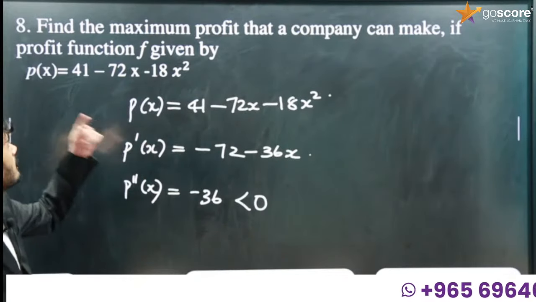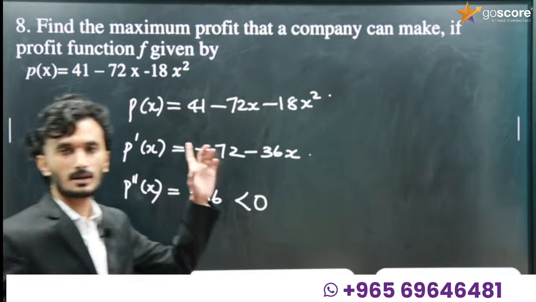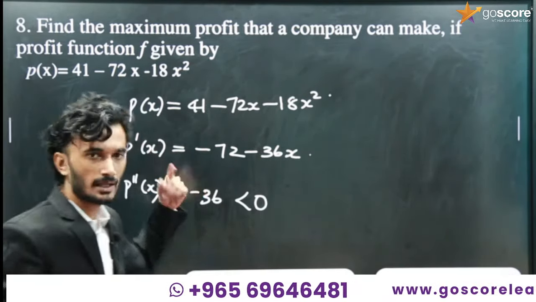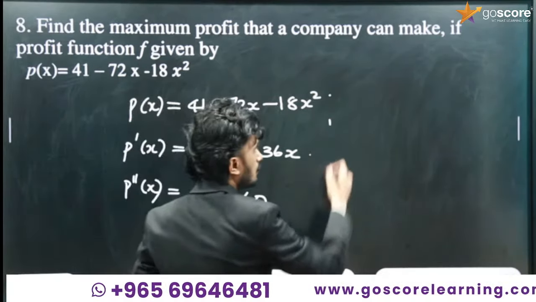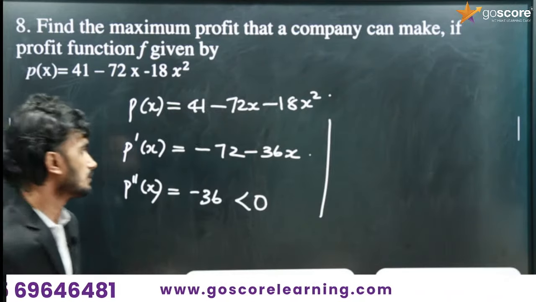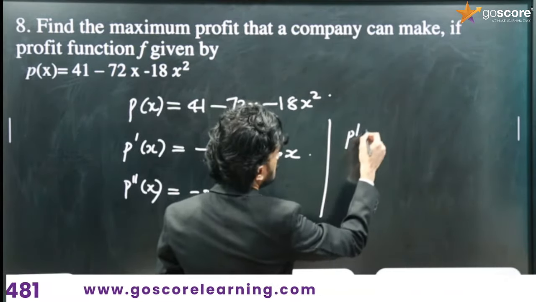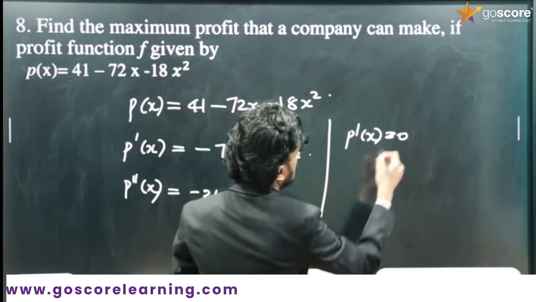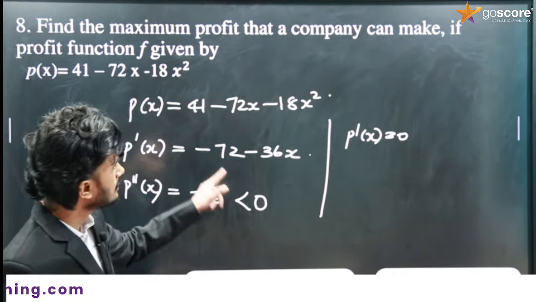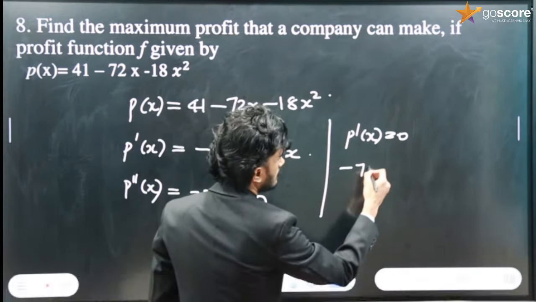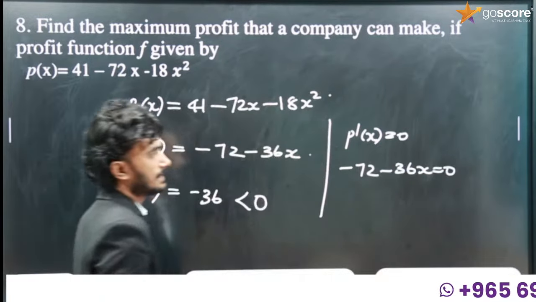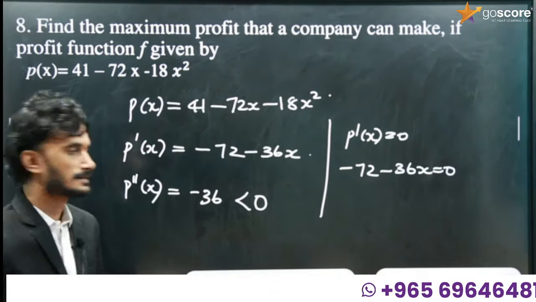So we want to find the profit of this company. How can you find it? The simple way is to find the critical point. Equate the first derivative to 0. That means P dash of x is equal to 0.